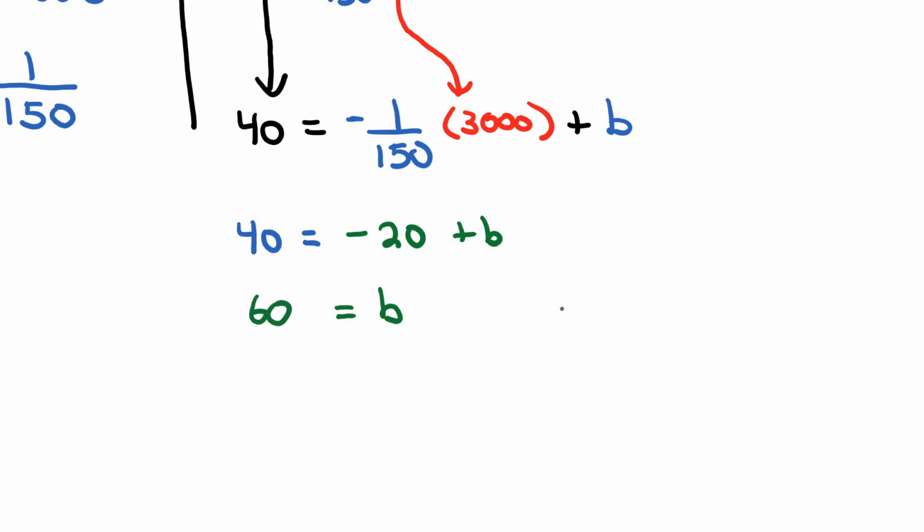And therefore, my final answer is price equals negative 1 over 150 U plus 60. And that is my answer for part A.